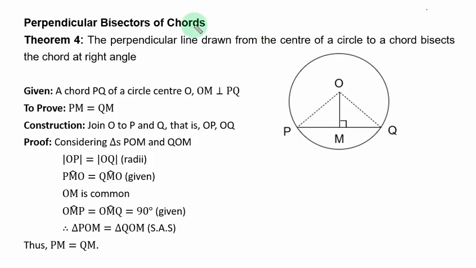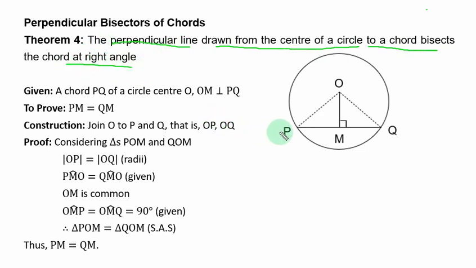We have perpendicular bisectors of chords. In that, we shall consider theorem 4. The perpendicular line drawn from the center of a circle to a chord bisects the chord at right angle.